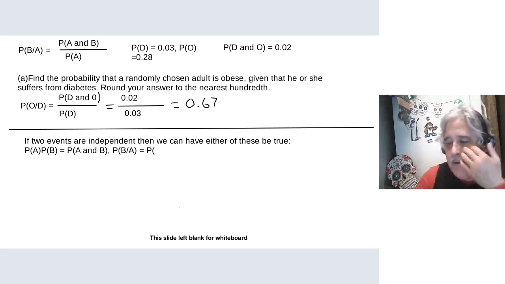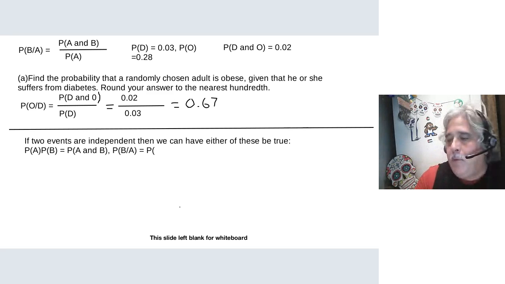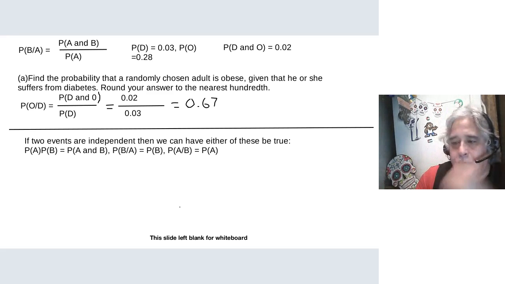So the probability of B given A, if they're independent, is just equal to the probability of B. And then we can also do it the other way: probability of A given B is equal to the probability of A. So those are two things we can count on.